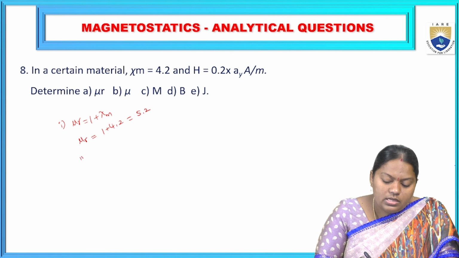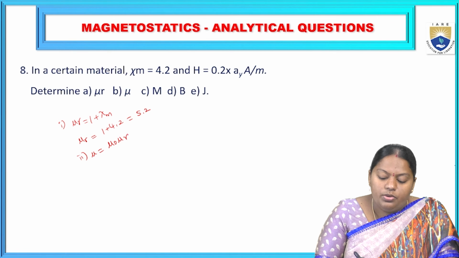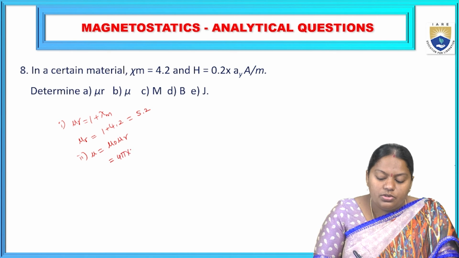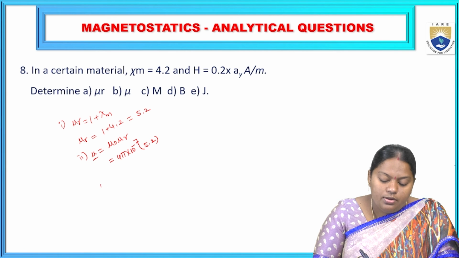And similarly for the second one, mu needs to be considered as mu naught into mu R. As we know, the mu naught value is 4 pi into 10 power minus 7, into mu R as 5.2. So this is the way we can find mu and mu R. Then after that, the B value.